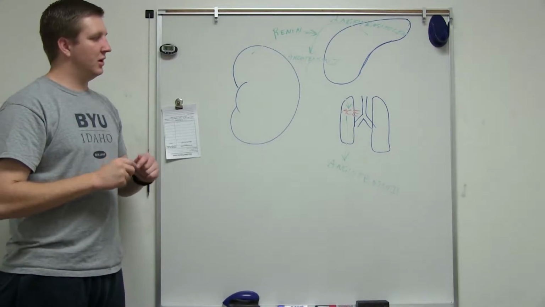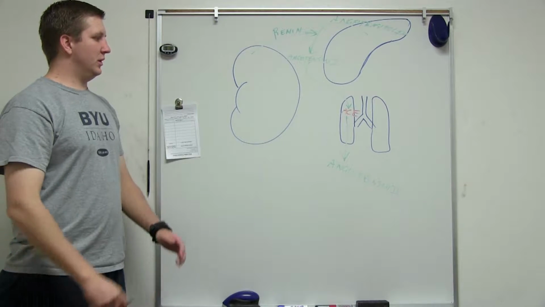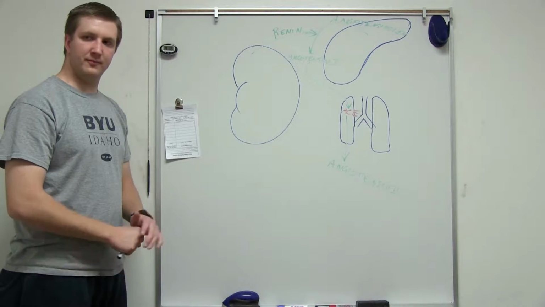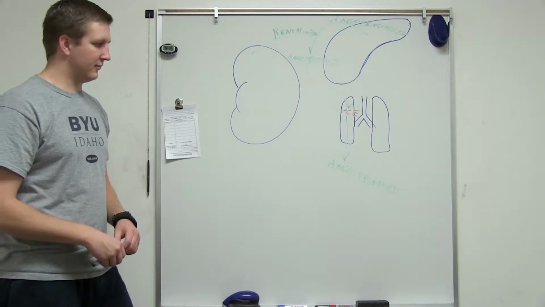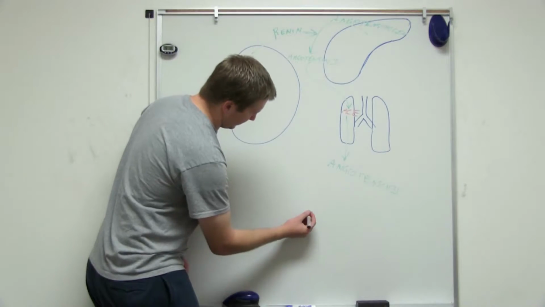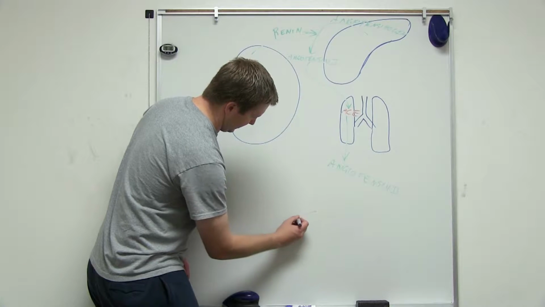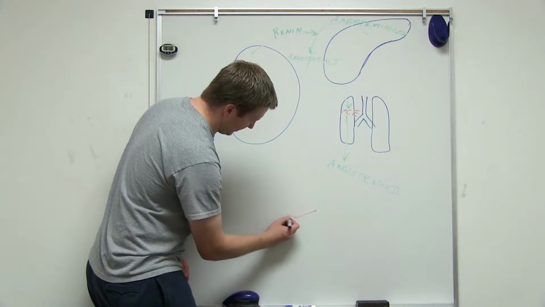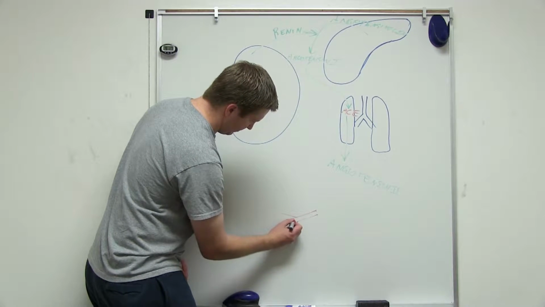Okay. Then what does angiotensin 2 do? It causes vasoconstriction in the blood vessels. Good. So here's my beautiful representation of blood vessels.